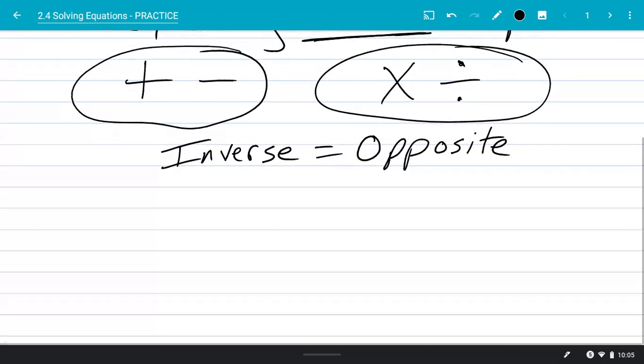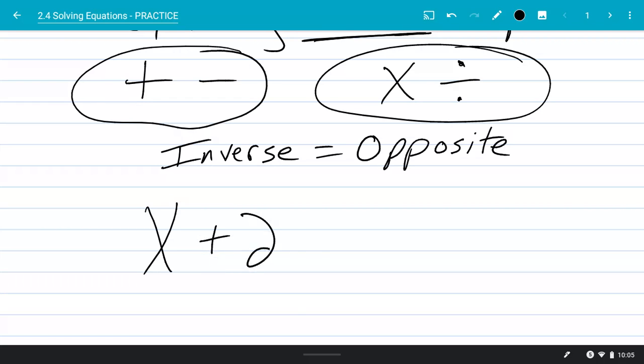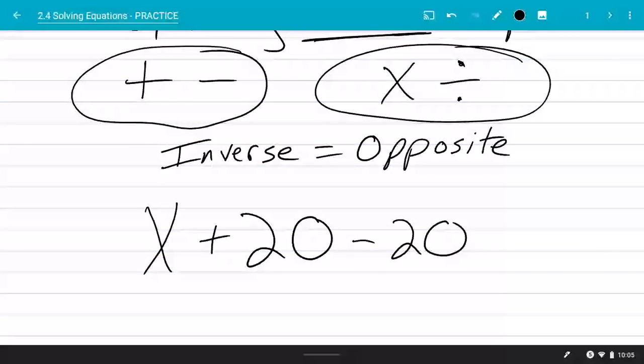For example, all of you have something in your pocket. I don't know what you have. We're going to call that X. Today is your lucky day. Yep, here's my wallet. I'm going to give each of you $20. So whatever you have, plus 20. However, as soon as I give you that $20, I am then going to subtract $20 from you.